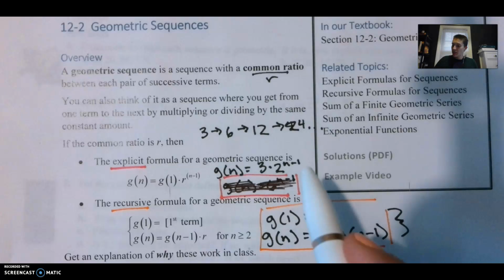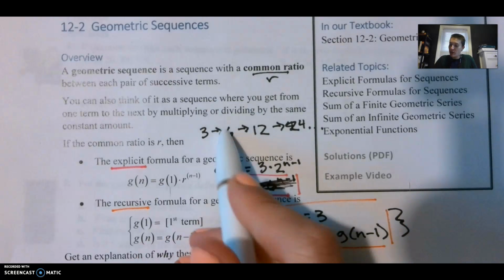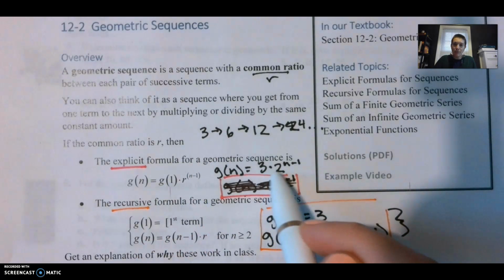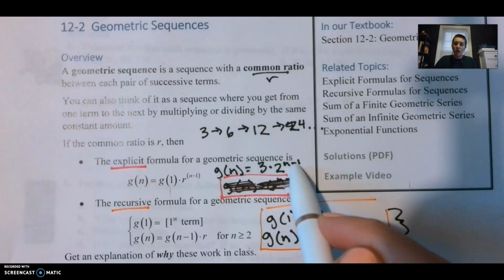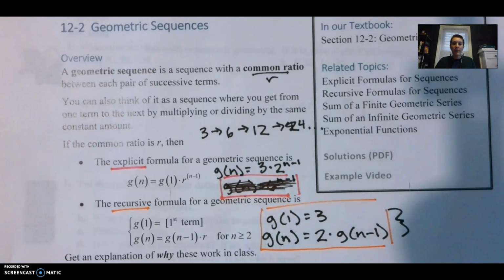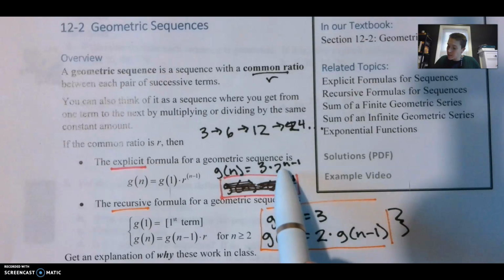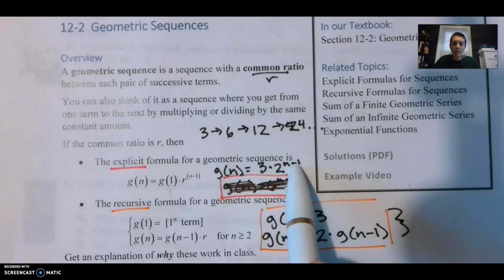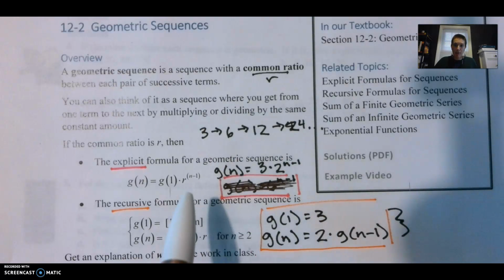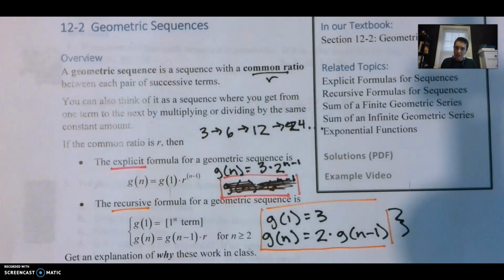You would just leave it like this: 3, which is our g of 1, our first term in the sequence, times 2, which is our common ratio r, raised to the n minus 1 power. Then if we wanted to find the 70th term in the sequence, the 70th generation of dendrimer arms, we would say g of 70 equals 3 times 2 raised to the 70 minus 1, 69th power. Awesome. The other way we can write it again is a recursive formula.